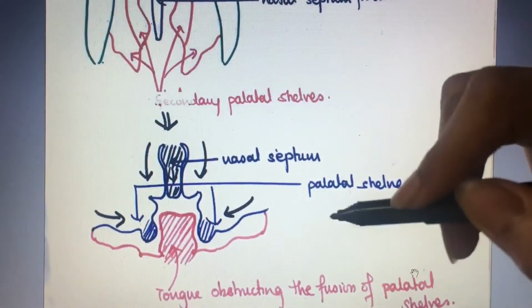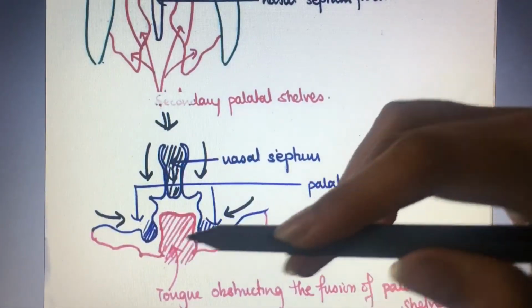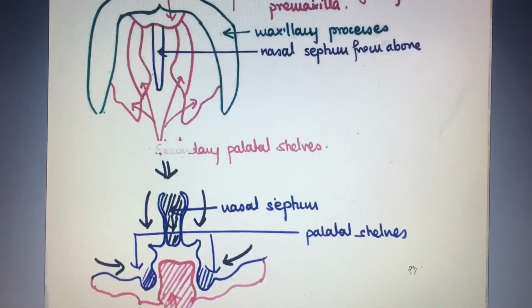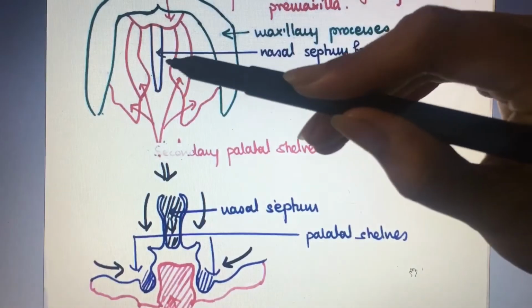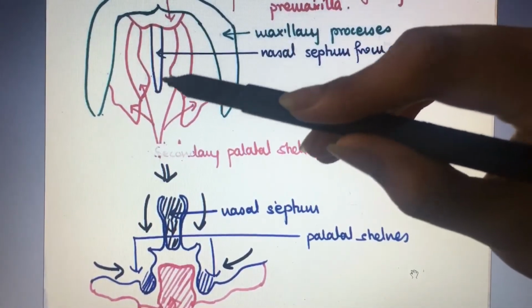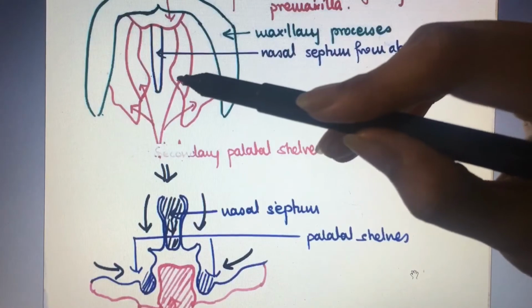Now make sure that in the fusion at the 8th week or 8.5 week, the entire palate does not contact at the time of fusion. Initially there is a contact in the central region of the secondary palate.